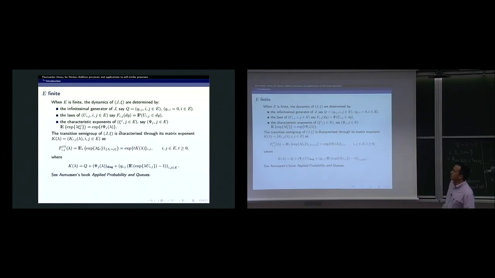Okay. So this matrix K characterizes the law of the Markov additive process. It is the equivalent of the infinitesimal generator for this process.